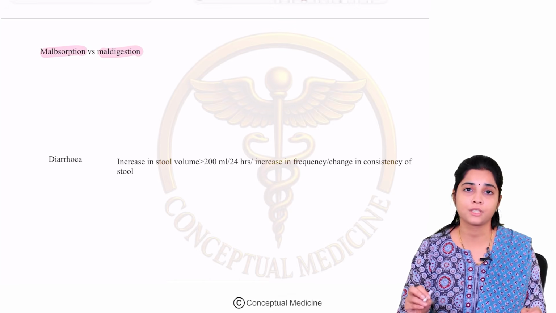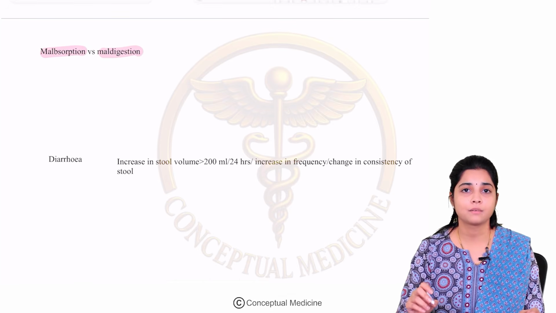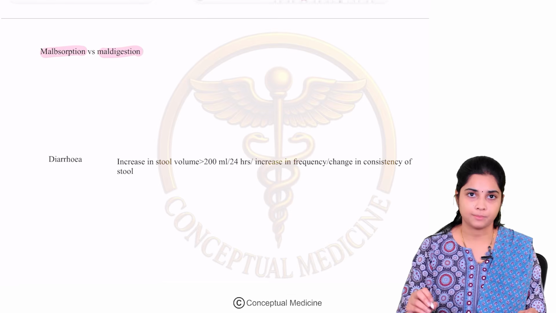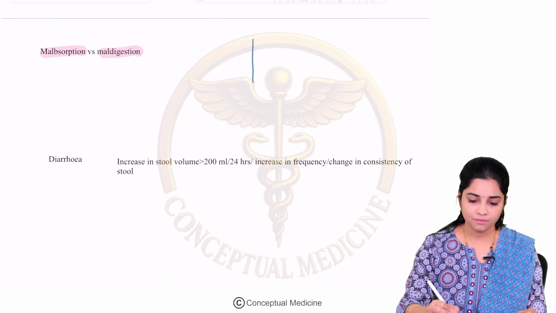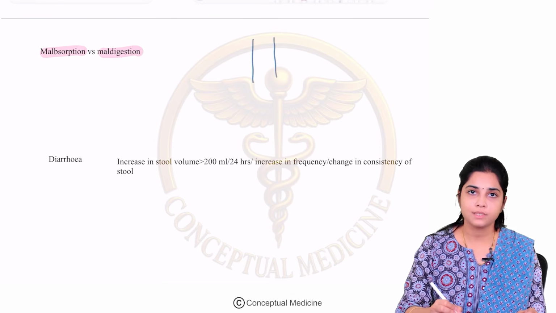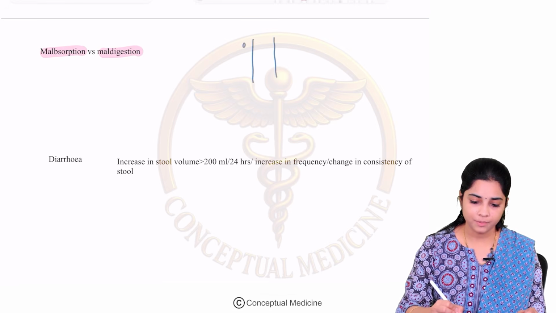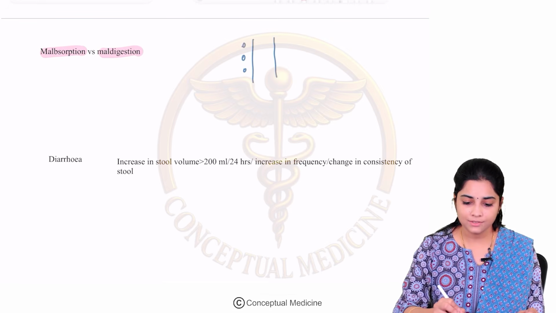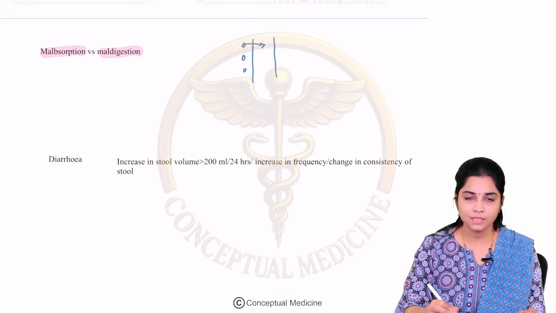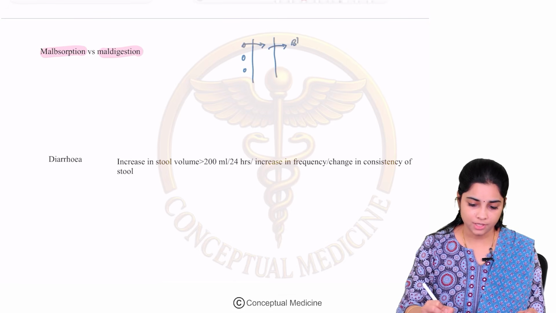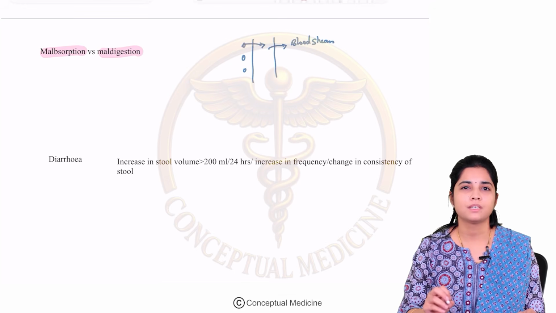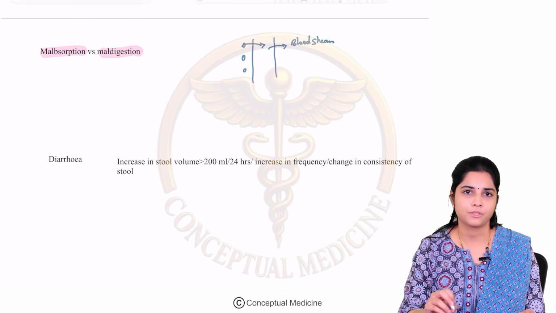So malabsorption basically means that there is a problem with the absorption. So in the intestine, we know that there is a mucosal surface, right? So if the food particles are here, then it has to get absorbed through the mucosa and then goes into the bloodstream. So a problem with the absorption is what we call malabsorption.